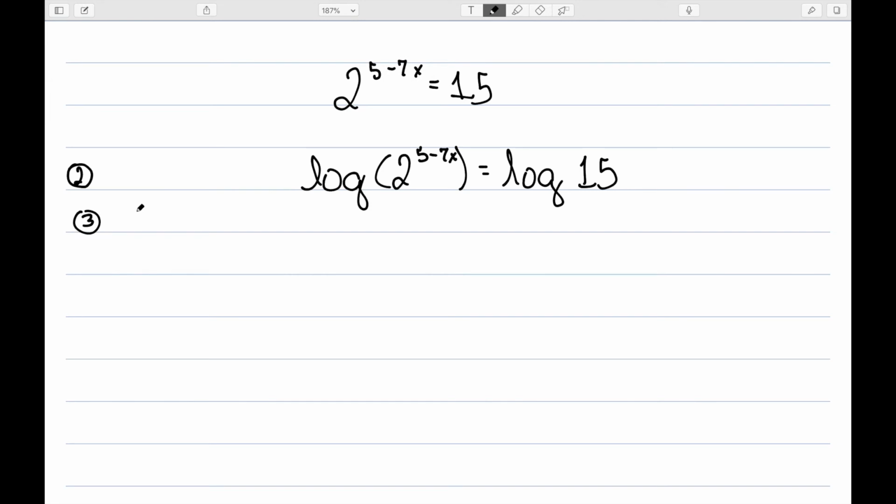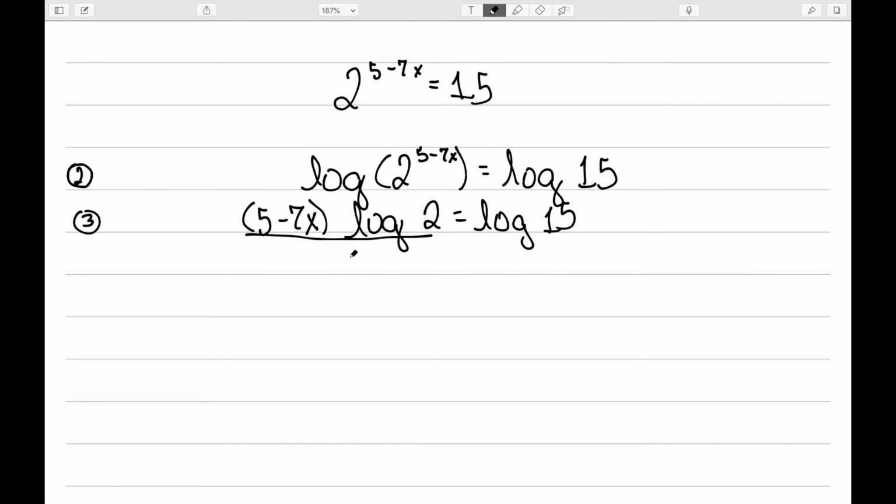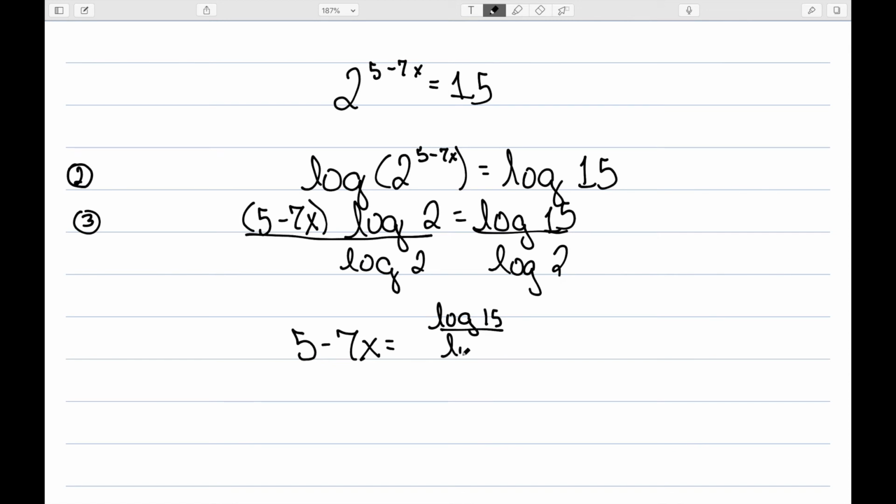I'm then going to use my properties of logarithms to bring the exponent down. I have 5 minus 7x times log 2 equal to log of 15. We can divide by log base 10 of 2. That gives me 5 minus 7x is equal to log 15 over log 2.